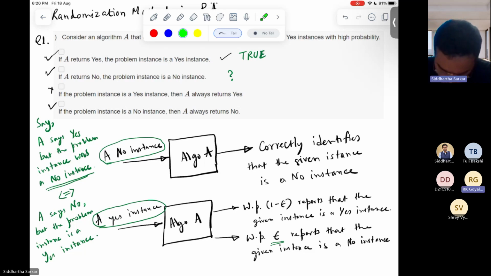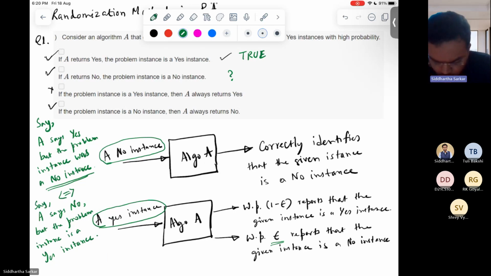No, no. So you understand that this contradiction argument is not going through. Yes. We're not able to get a contradiction. So if we assume something to the contrary, then we are not getting a contradiction.